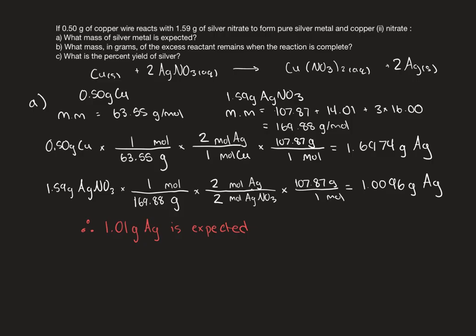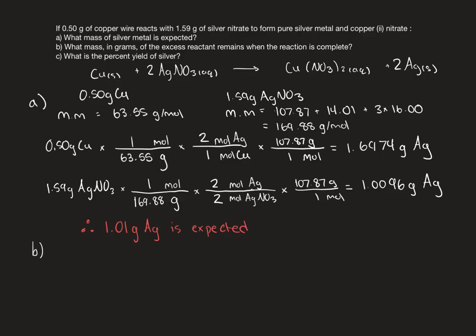To do this, we are going to convert from the expected mass of silver back to grams of copper, and then we are going to subtract that mass from the initial mass of copper, and that should give us the excess amount of copper that remains once the reaction is complete.